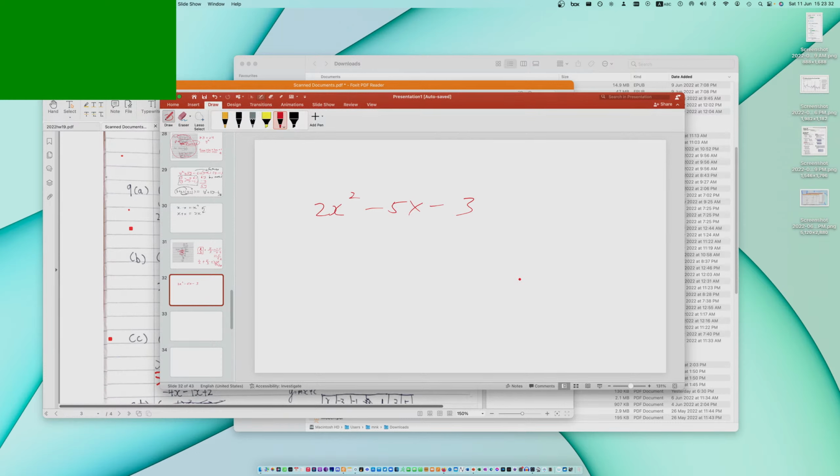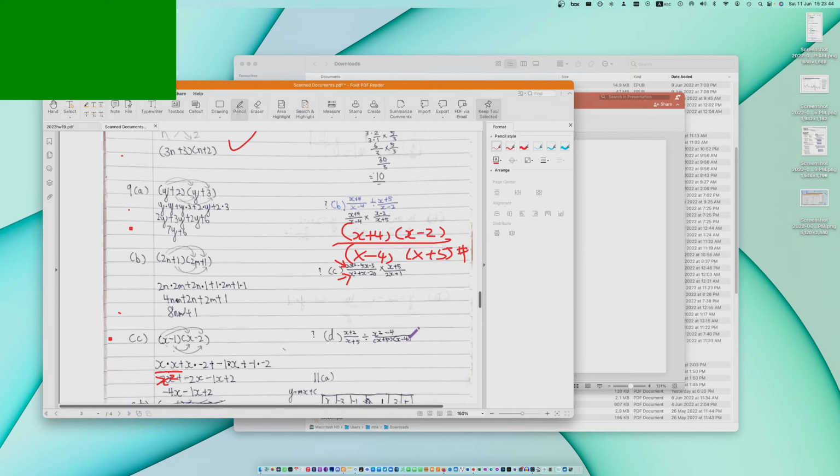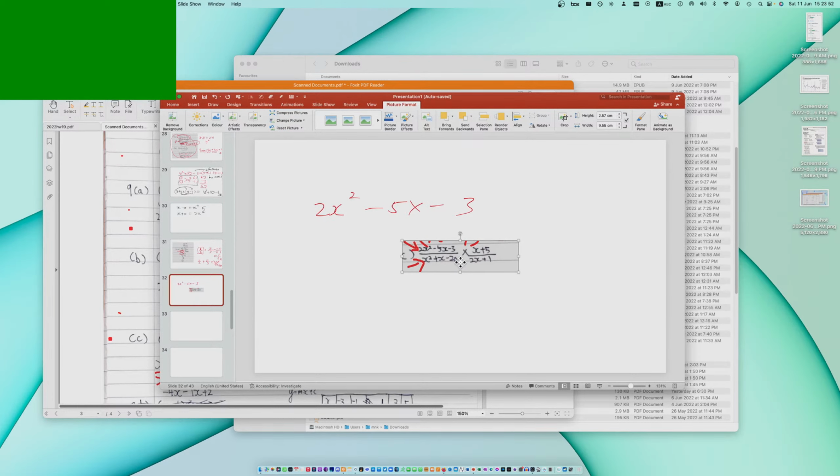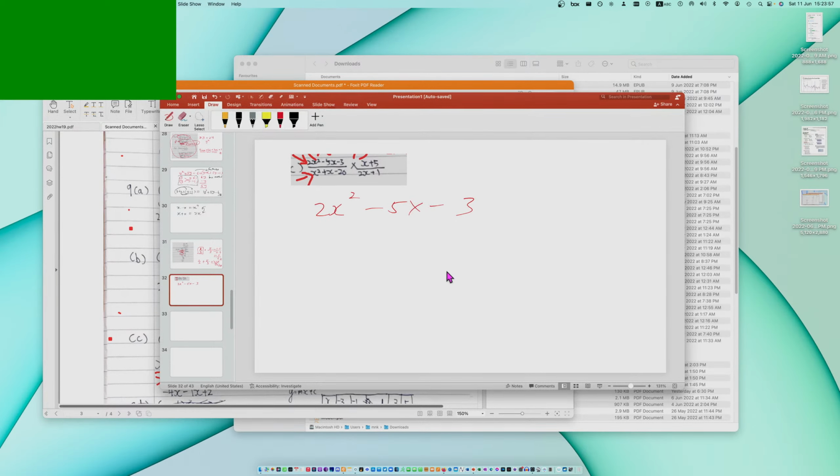Yeah, that's how you can quickly do it. You understand? 5x and minus 5x are opposite to each other. You get minus 5x. Yeah. Quick one then.